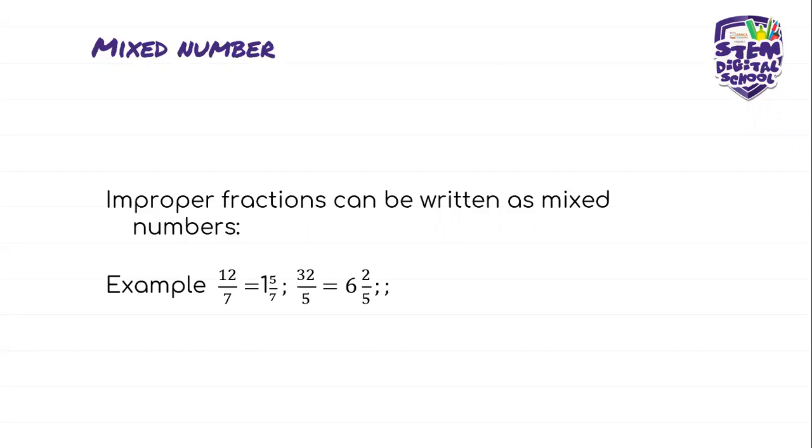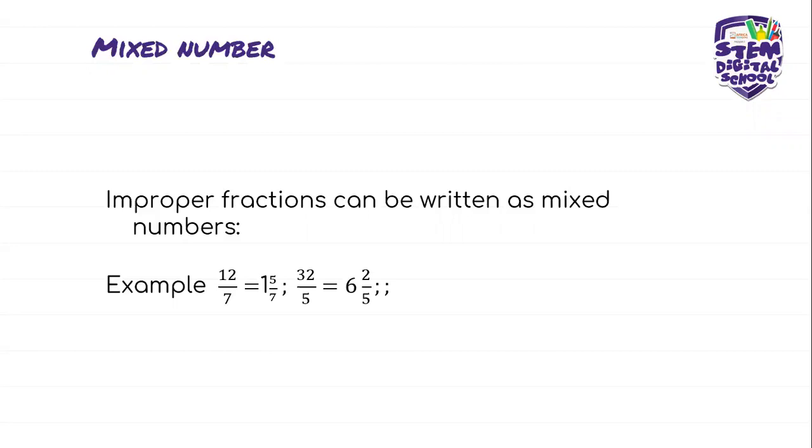And then 5 into 32 goes 6 times, and the remainder there is 2 over 5. So you'll have 6, which is the whole number, and a fraction 2 over 5. That is what we call a mixed number, which is generated from an improper fraction.